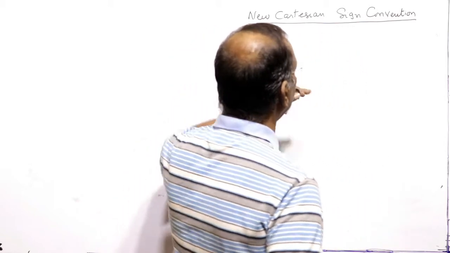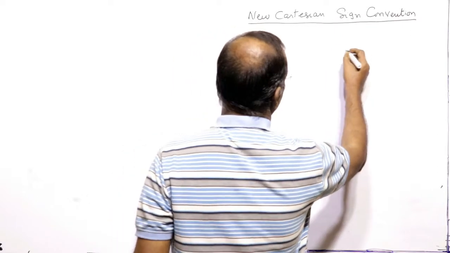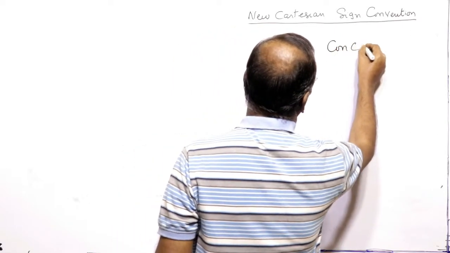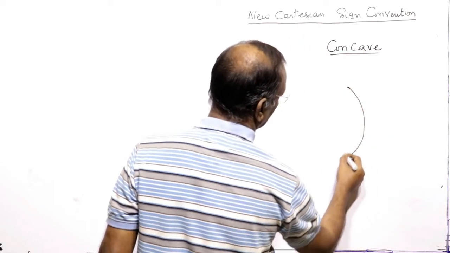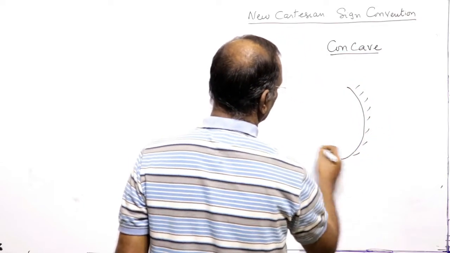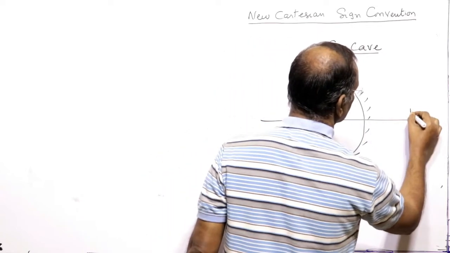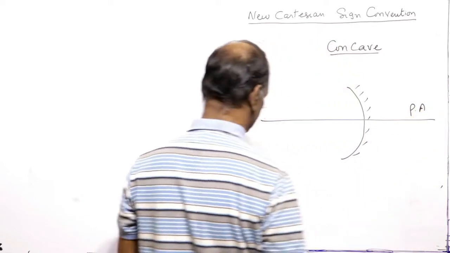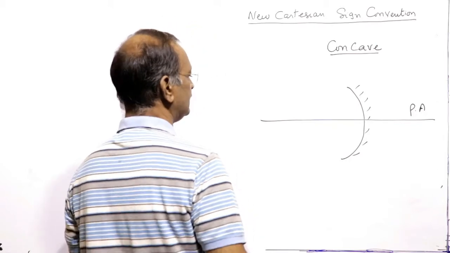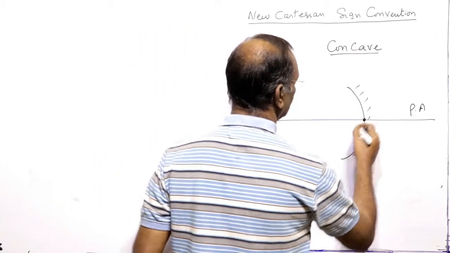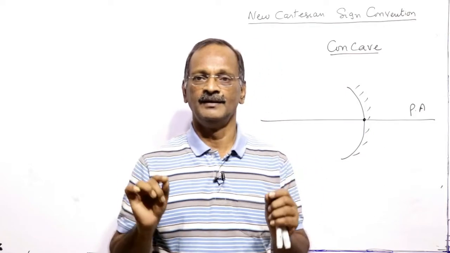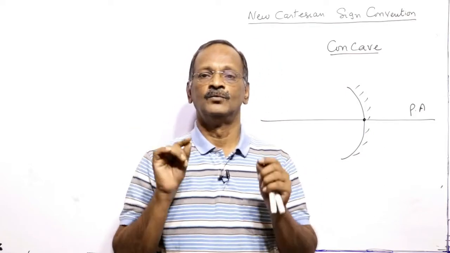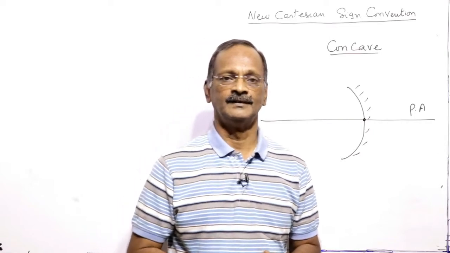New Cartesian sign convention. Suppose for a concave mirror, this is the principal axis, this is the pole. We have to measure the distance of the image, object, focal length, and radius of curvature.